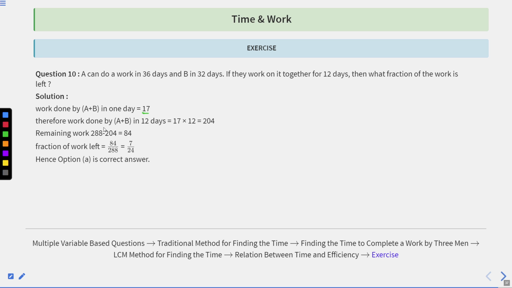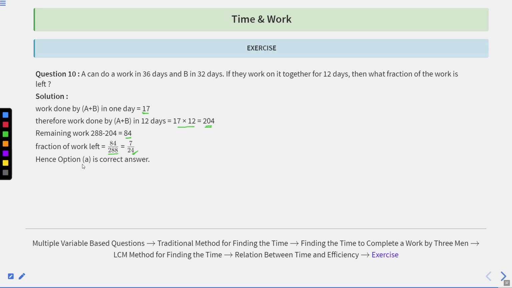Therefore, work done by A and B in 12 days will be 17 into 12, that is equal to 204. And the remaining work is equal to 288 minus 204, that is equal to 84. So the fraction of work left is equal to 84 upon 288, that is 7 upon 24.